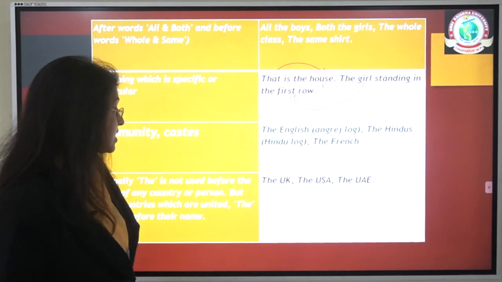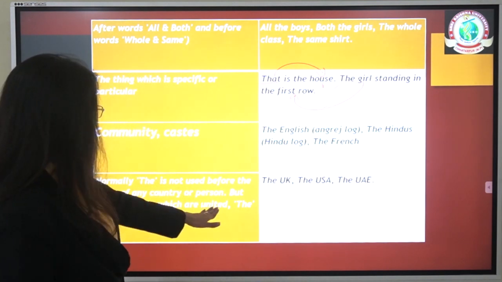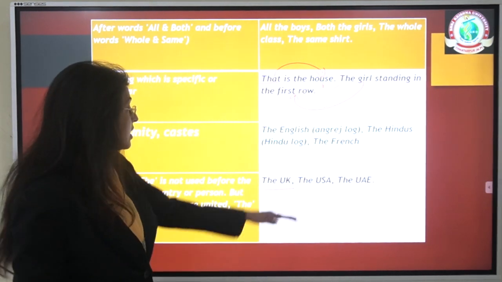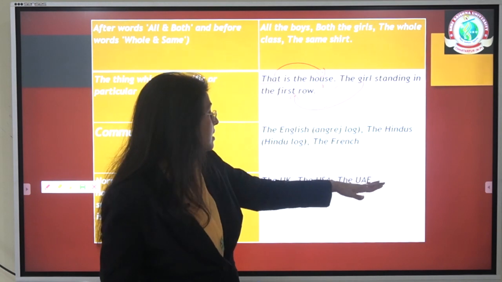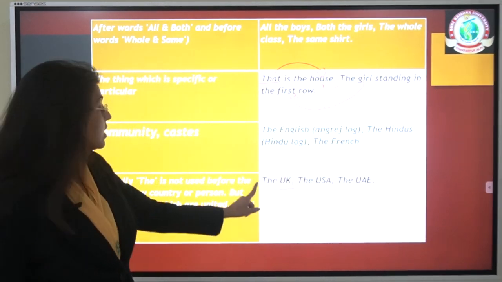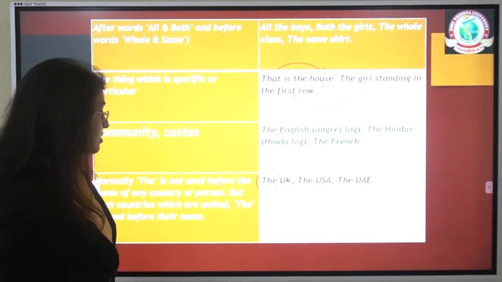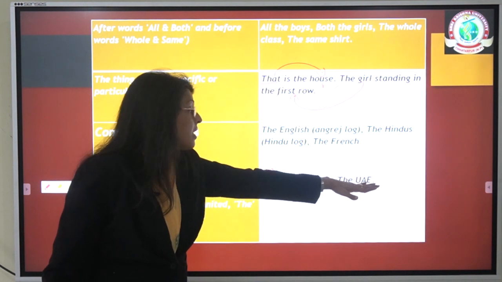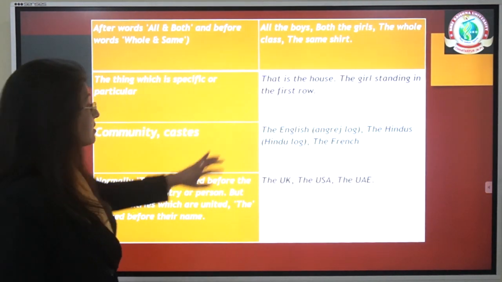You will not say the, but for such countries which are united, United Nations, United States of America, United Arab Emirates, UK, you are going to use the President of the United States of America. That's very important. The United States, the USA, the UAE. So this is where you have to use this particular article.